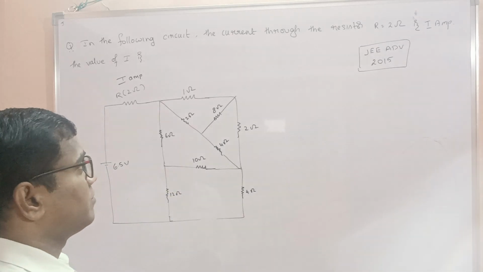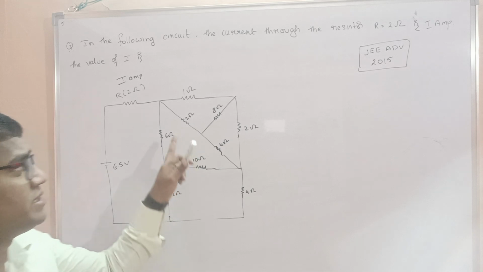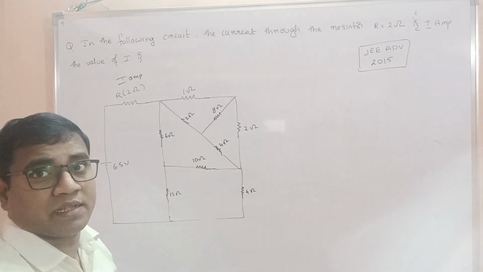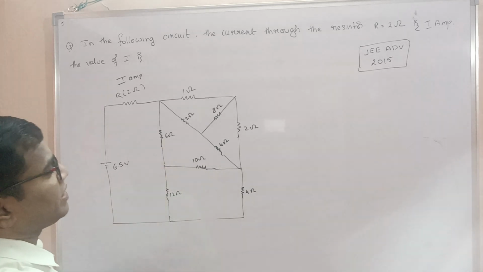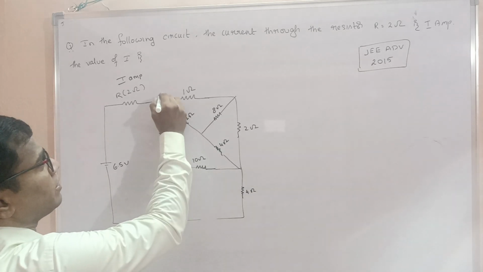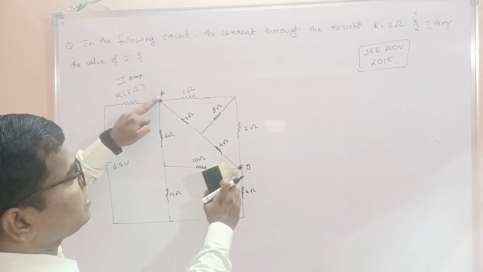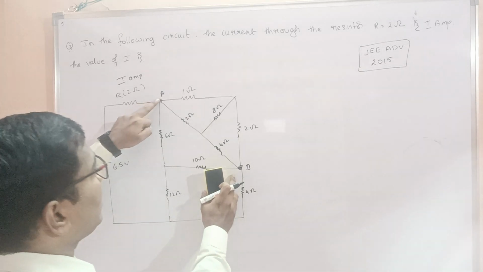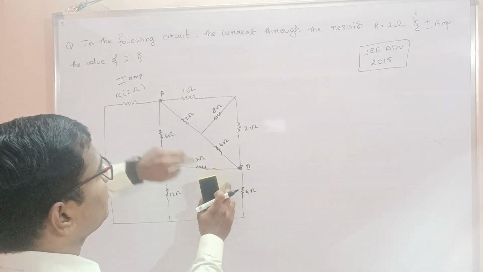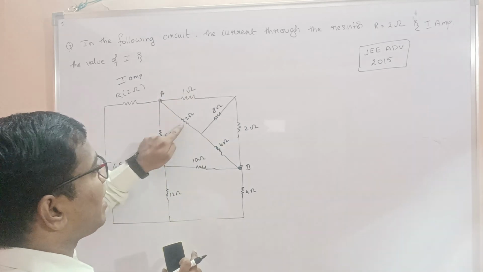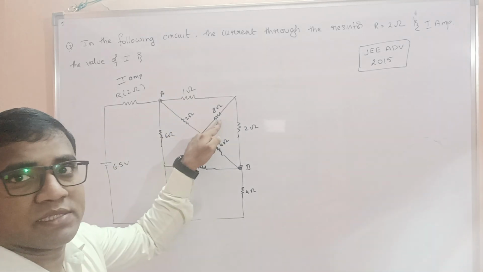So try to understand. When we see this diagram, I can clearly see this point, for example, I will write here this point A and point B. In between the 2 points, this side is P, Q, R and S and the galvanometer resistance.